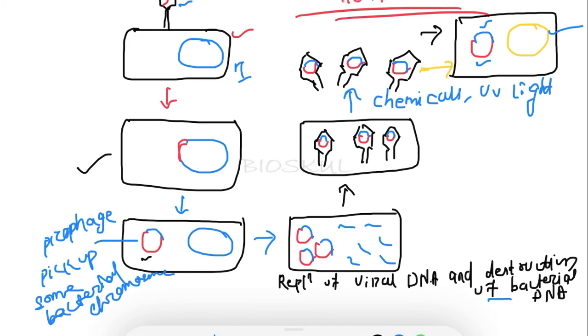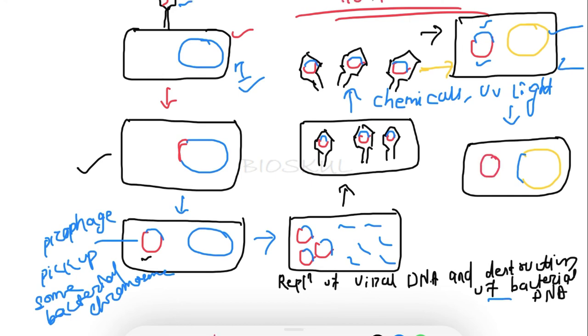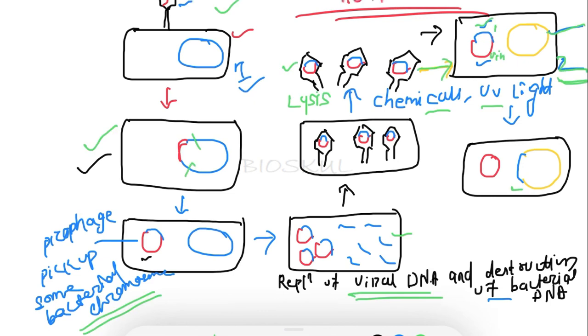The red one is the viral DNA. In the next step, if there is a homologous region, the bacterial chromosomes will recombine and the viral DNA will remain outside. So this is the process of specialized transduction.